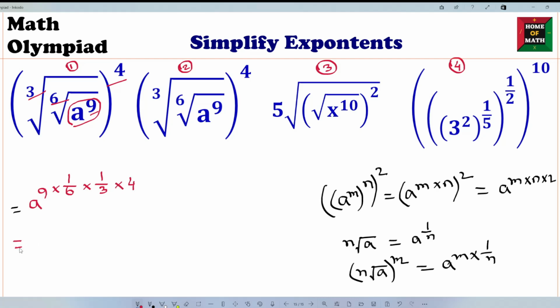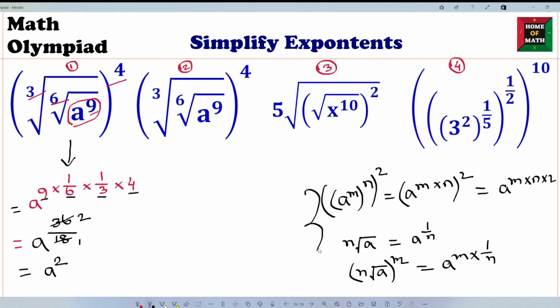This is a simple thing. Now look, here is 6 times 3, and here is 9 times 4. So 9 times 4 means 36 and 6 times 3 means 18. If we divide the numerator and denominator by 18, here is 2 and here is 1. Our answer is a to the power 2, or a square.